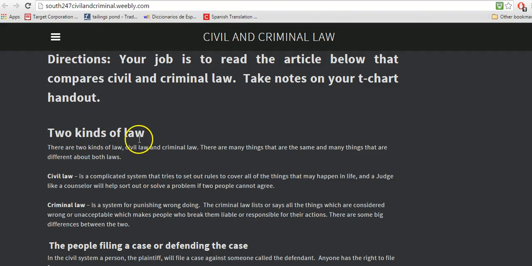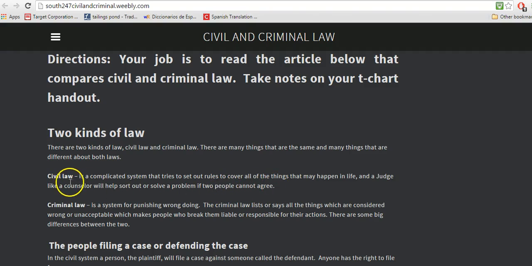Okay? So let's read this first paragraph together and see how we can find characteristics of each of them. So it says, two kinds of law. There are two kinds of law, civil and criminal law. There are many things that are the same and many things that are different about both laws. Okay? So, civil law is a complicated system that tries to set out rules to cover all the things that may happen in life. And a judge, like a counselor, will help sort out or solve a problem if two people cannot agree.